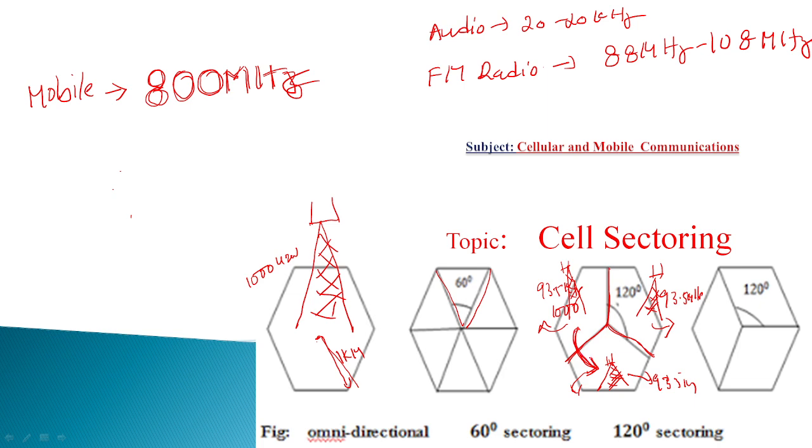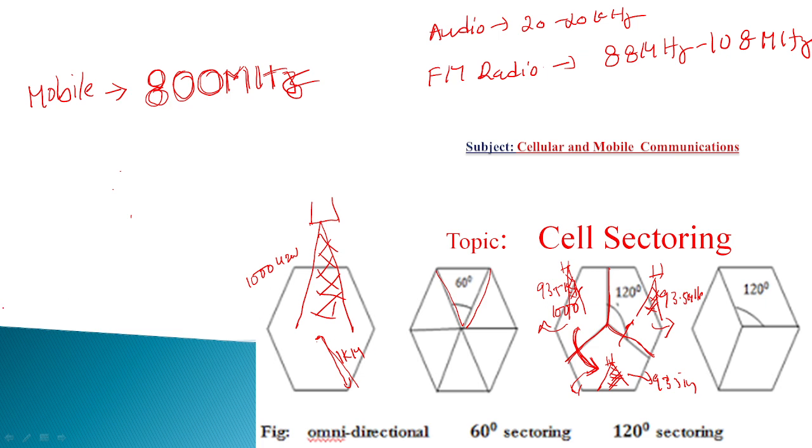So many handoffs are required while moving the user from the present cell site to the next cell site. That is the only disadvantage, but we can increase the signal strength and the number of users. Of course, we need to increase the number of cell sites also. So that's why we go for cell sectoring in mobile communication.